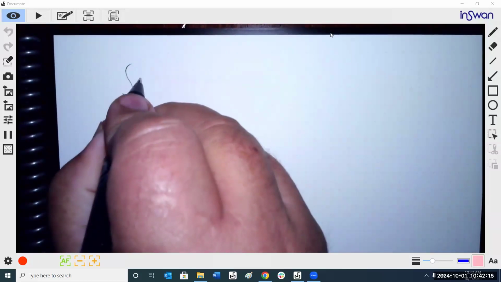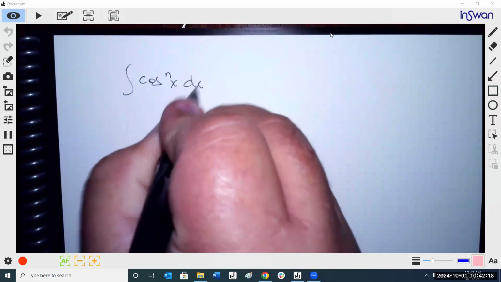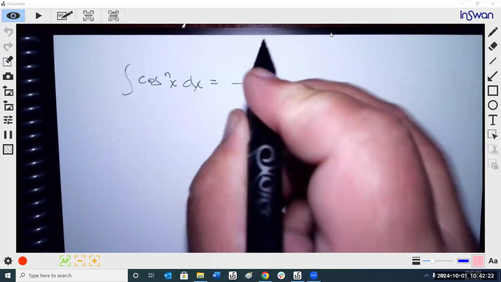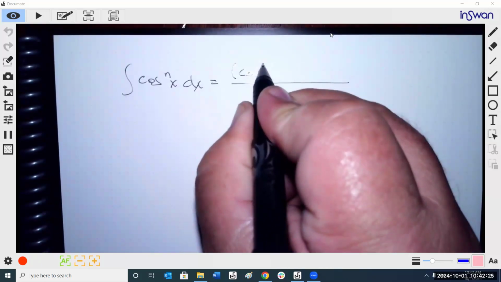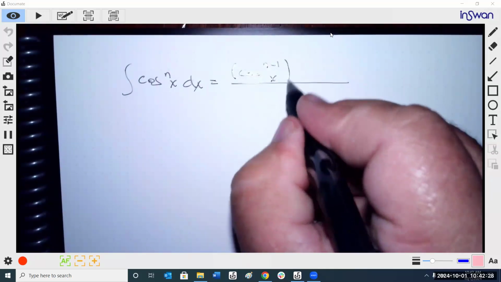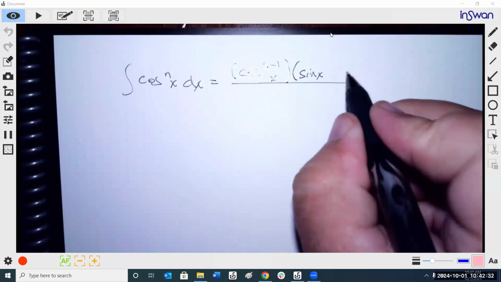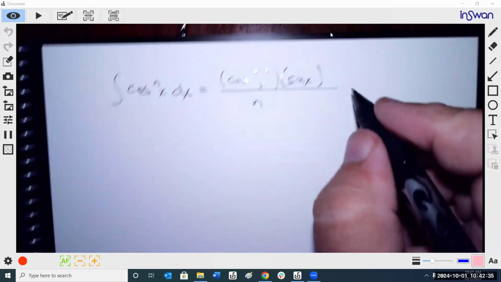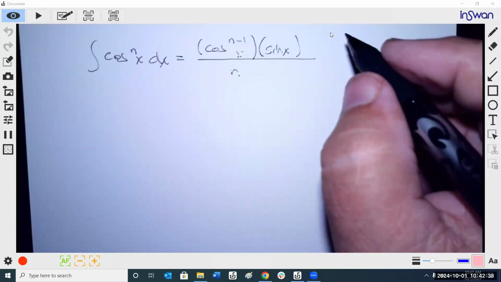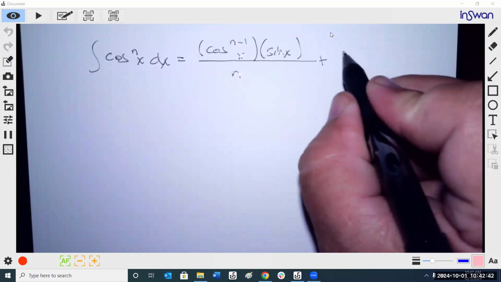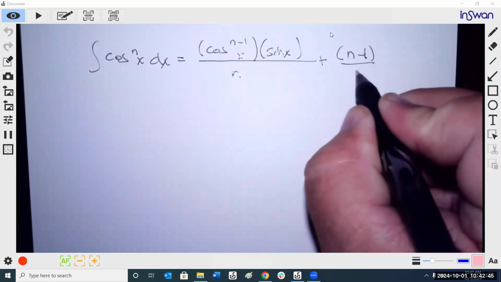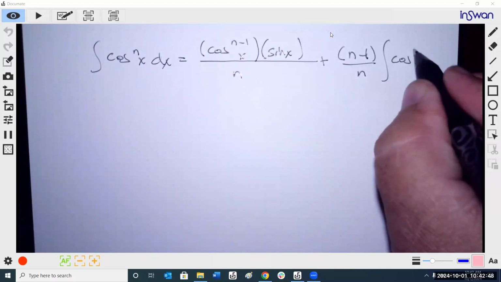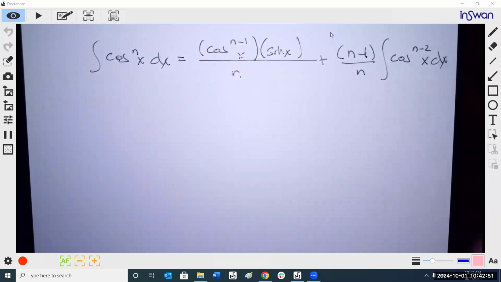The left side will just have the integral of cosine n of x dx equals cosine n minus 1 x times sine x over n plus n minus 1 over n times the integral of cosine n minus 2 x dx. That's as far as we can go, because we'll keep on repeating the process over and over, getting bigger and bigger.